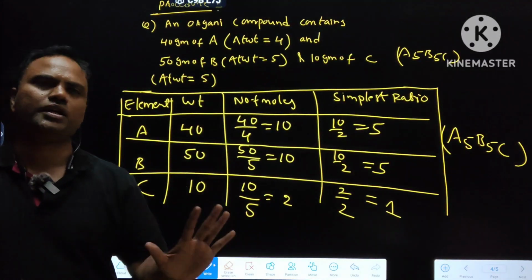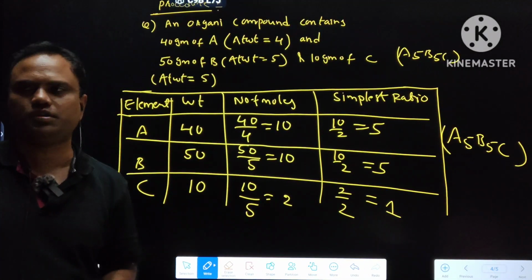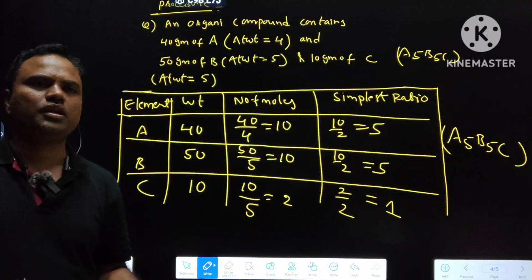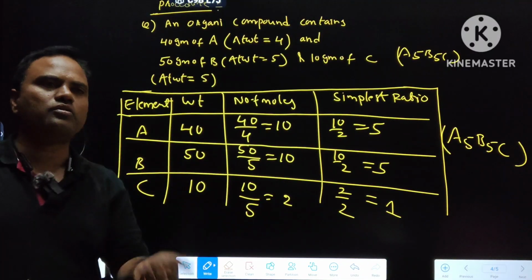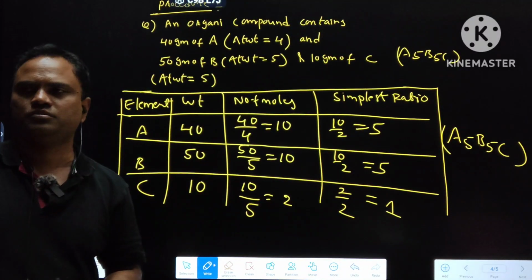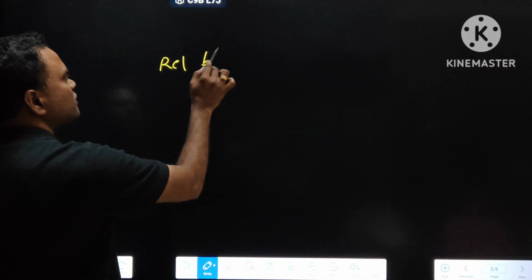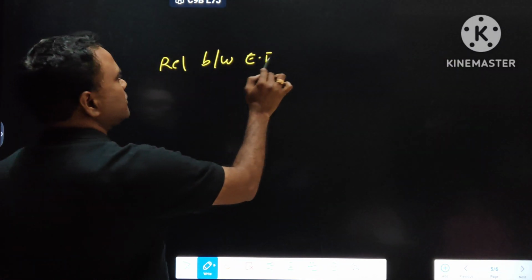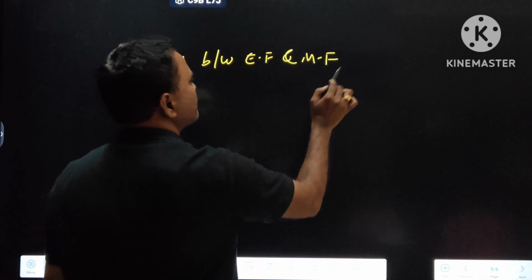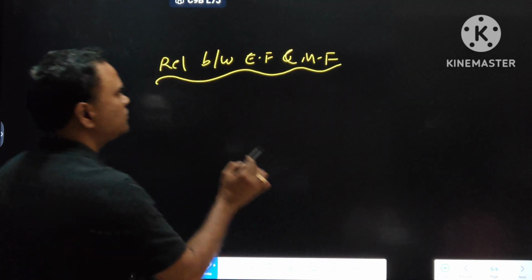Remember the procedure, but data is a little bit tough. You will get like 23.7. Then what you have to take? 24. Relation between empirical formula and molecular formula.